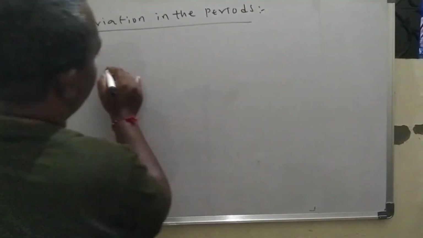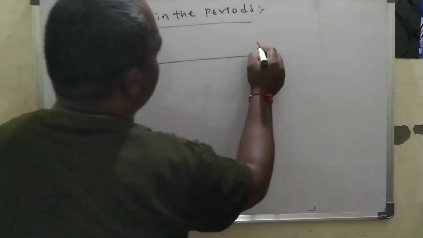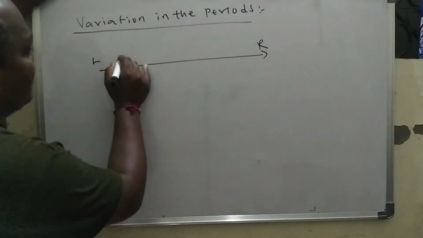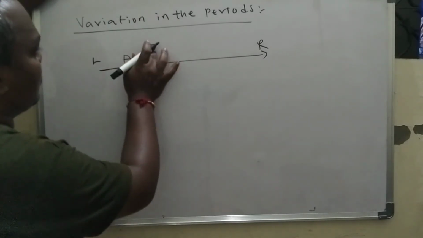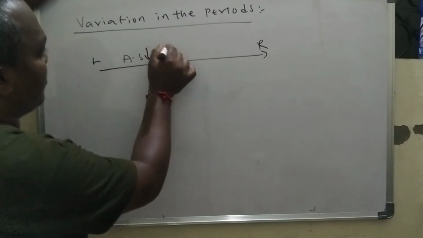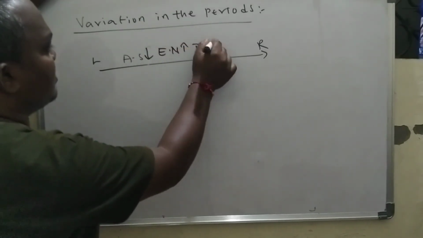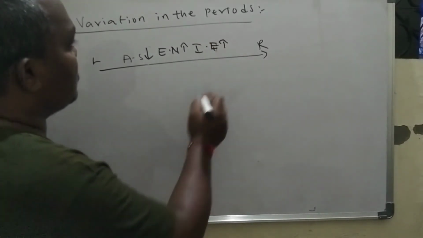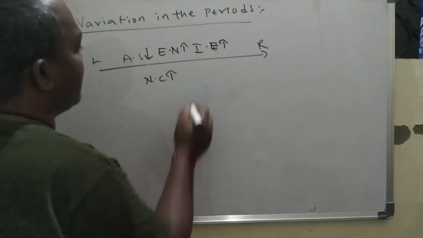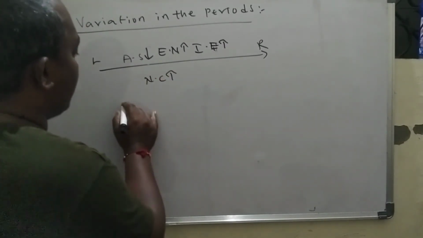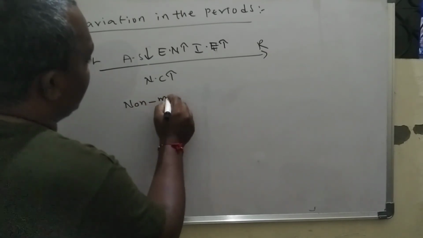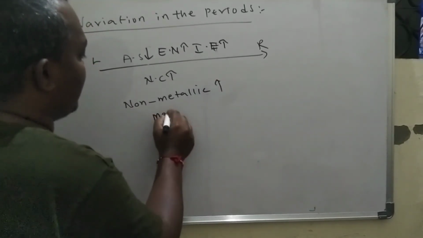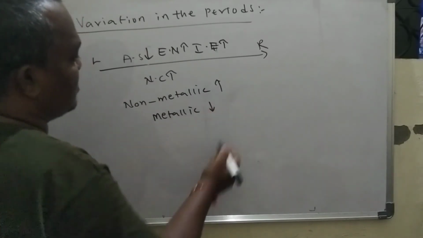Going from left to right in a period, atomic size decreases, electronegativity increases, ionization energy increases, and nuclear charge also increases. Automatically, non-metallic character increases from left to right and metallic character decreases.